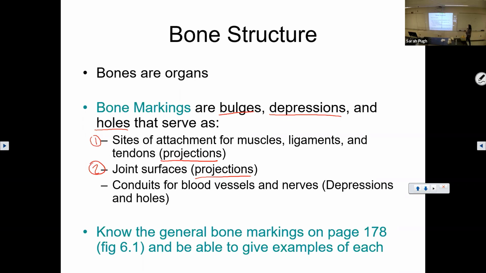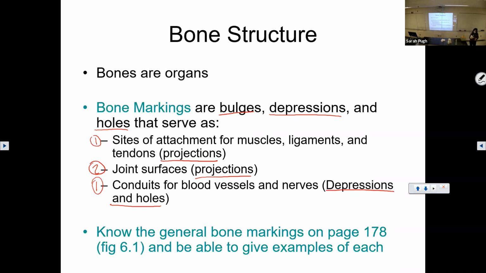The other kind of bone marking you'll see are holes and grooves. These are there because you have to have something able to pass through the bone at that hole. For example, a hole might be present because you've got to be able to pass blood vessels or nerves through the bone.